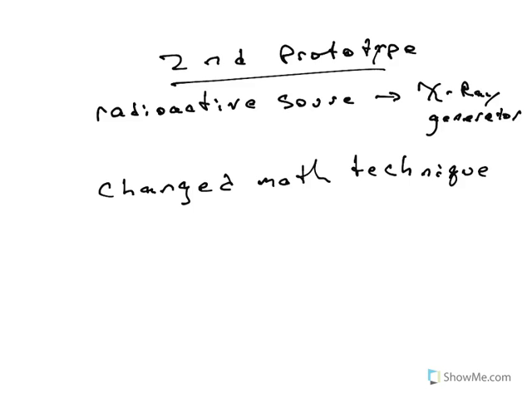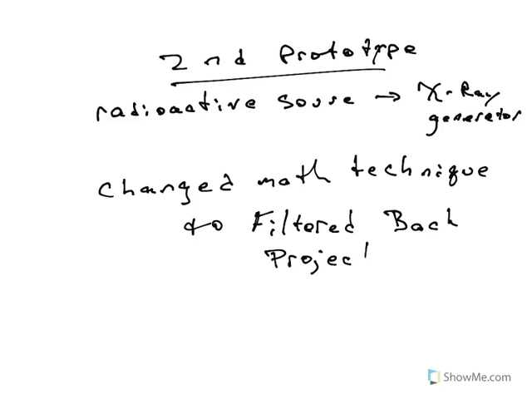You didn't have 28,000 equations and unknowns. Instead, you would use what's called filtered back projection. This is the new mathematical technique they would use.